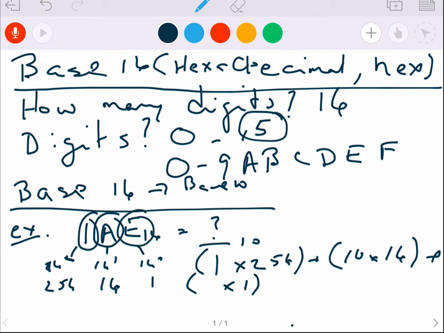Well, we have an E there, and E is 14. So this becomes 256 plus 160 plus 14, which should equal 430 base 10. So other than the math maybe being a little bigger, the process is exactly the same.